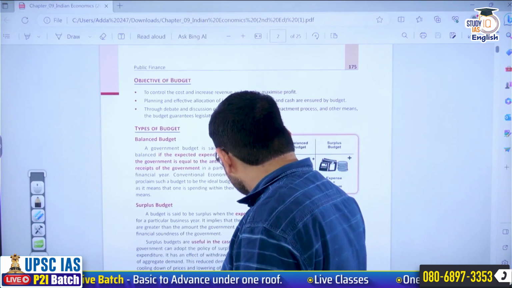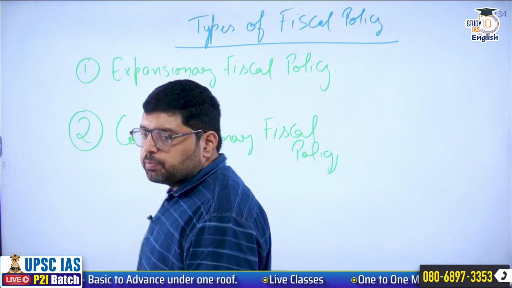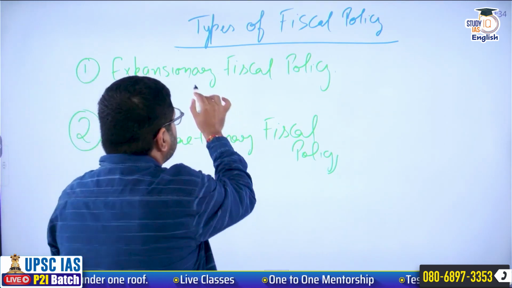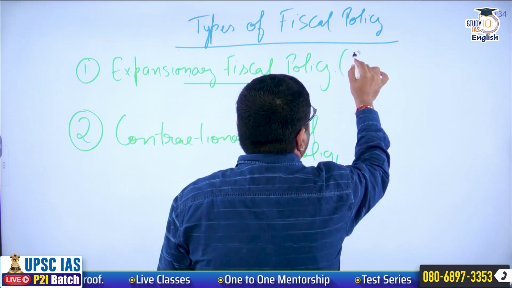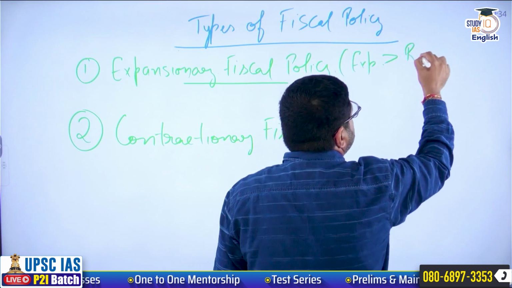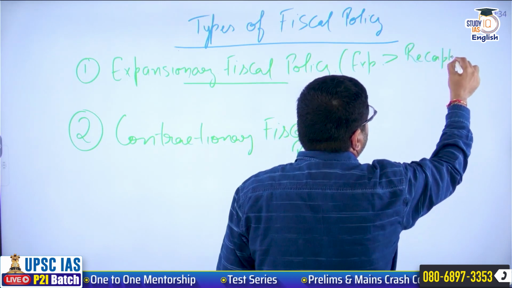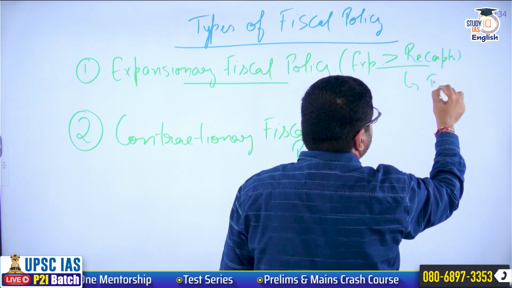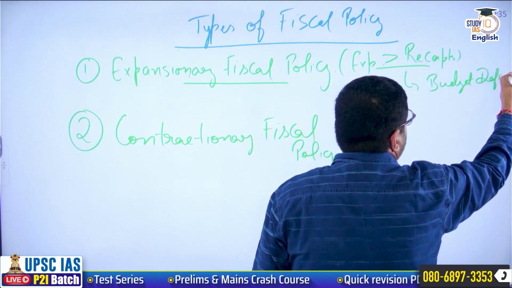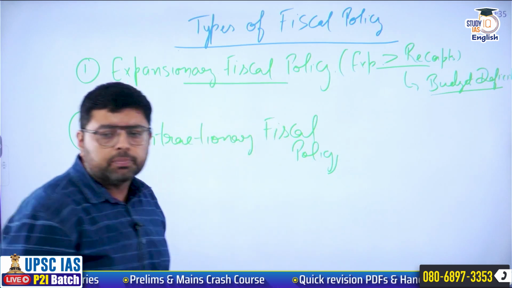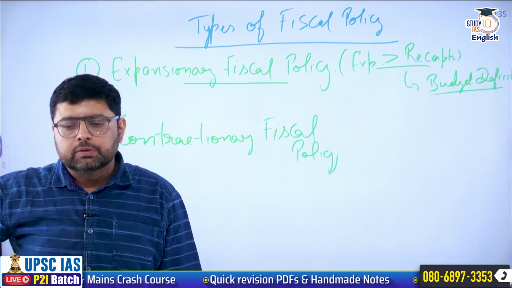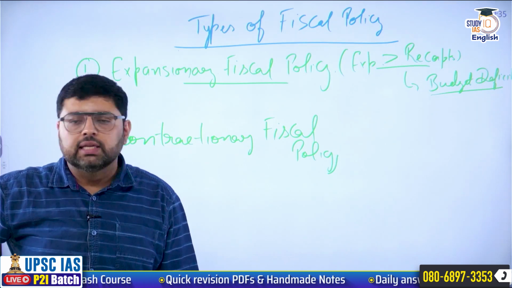Now, expansionary and contractionary fiscal policy. Whenever your expenditure is more than your receipts, meaning a situation of budget deficit, we say the country is pursuing expansionary fiscal policy, which is the case in India.